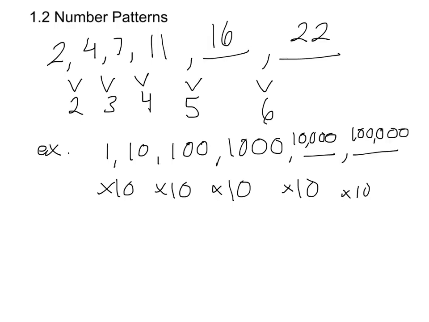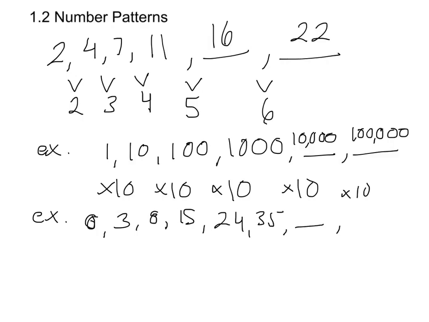Times 10 would make 10,000, and then times 10 again, this would be 100,000. Okay, and a different example could be 0, 3, 8, 15, 24, 35.